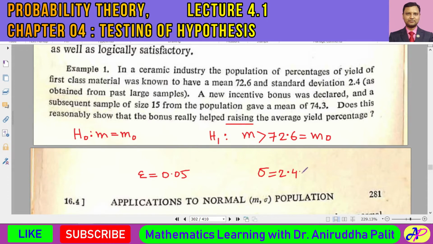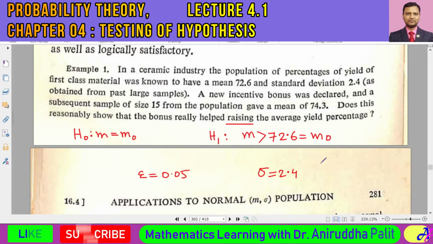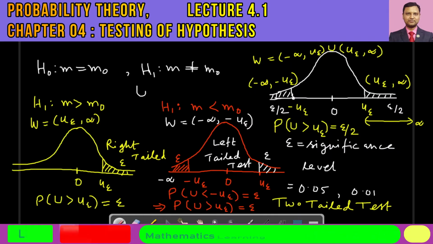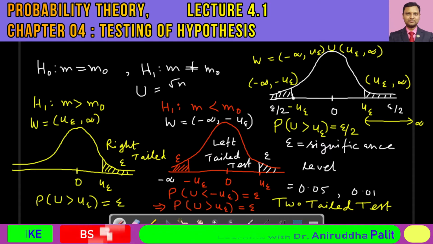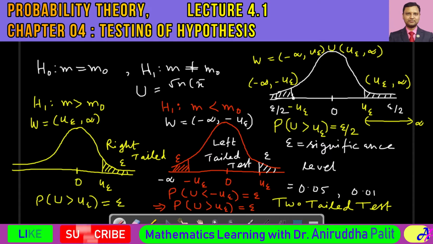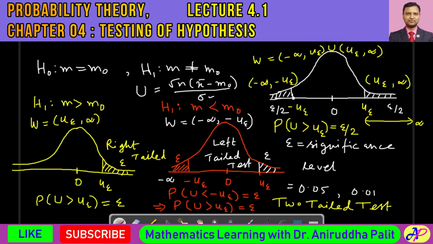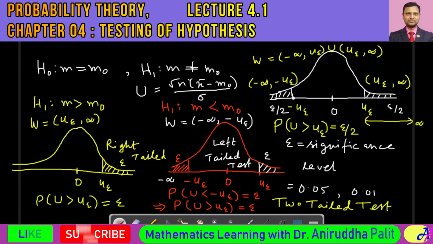Anyway, so this is the case when sigma is equal to 2.4. Over here the test statistic was U is equal to this type of test statistic, root over of n into x bar minus m0 divided by this standard deviation sigma. So already sigma has been provided in the question, and what is the sample size? Sample size n is equal to 15 over here.